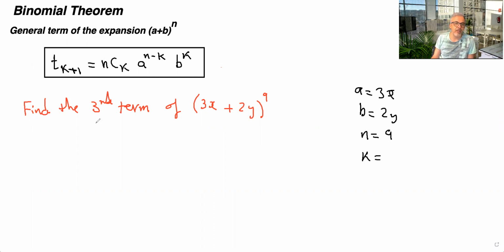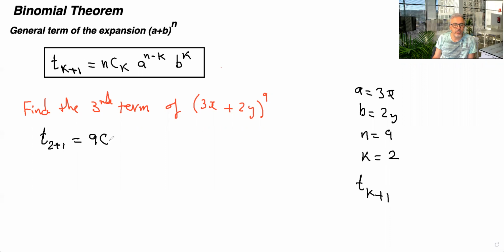If they want you to find the third term, as you see, it reads t(k+1). For this to read third term, you have to make k 2, because then t(2+1) makes it t3.